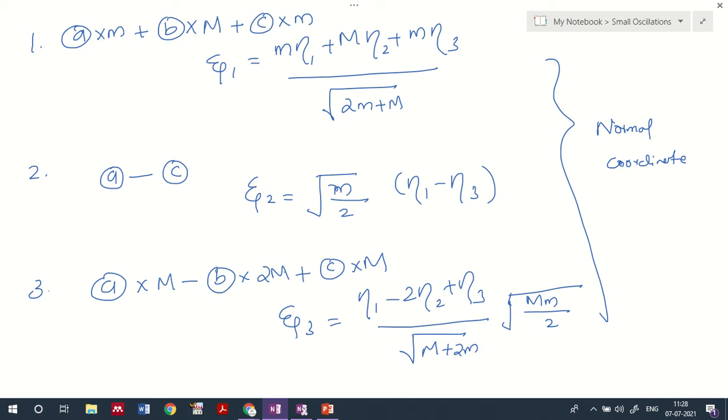We put those eigen frequency values into the equation and find the corresponding eigen vectors for each frequency value. From those eigen vectors alpha, beta, gamma, we find the normal coordinates, the corresponding representations of zeta 1, zeta 2, zeta 3. That's all about the discussion of the linear triatomic molecule.